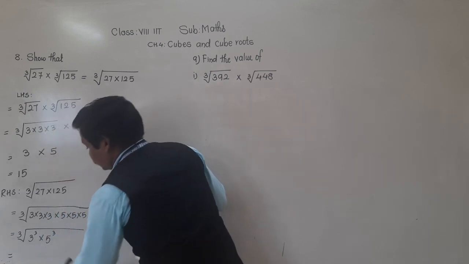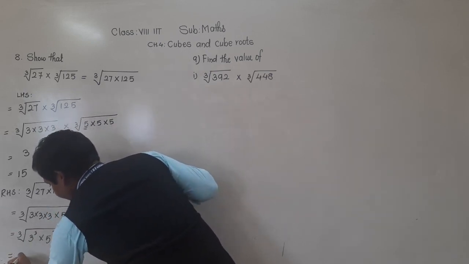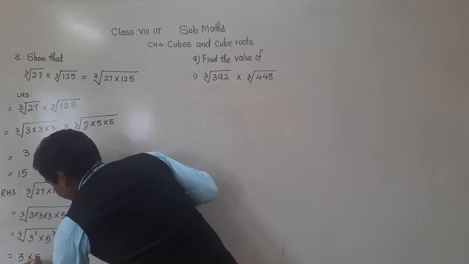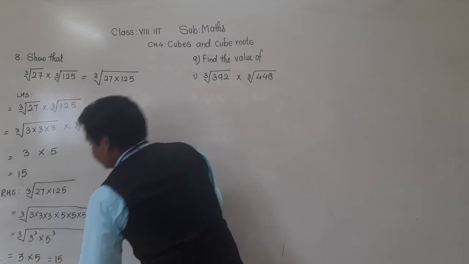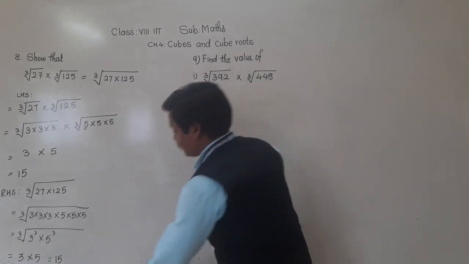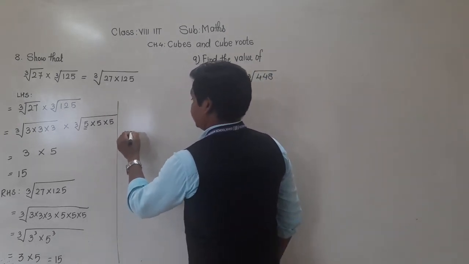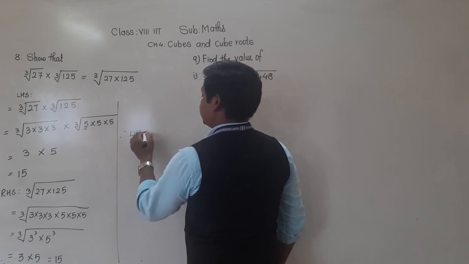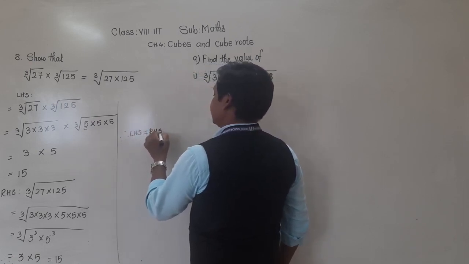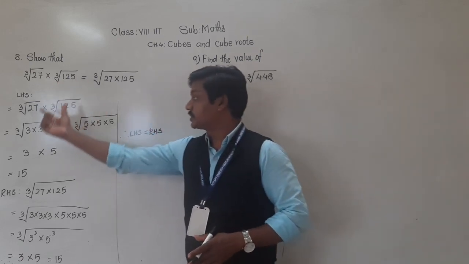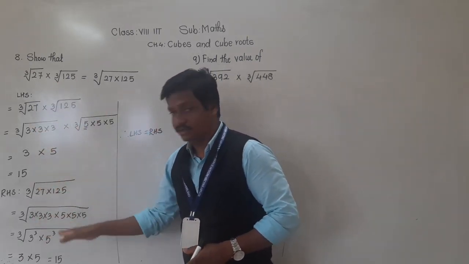Okay. So cube root of 3 cube is 3, into cube root of 5 cube is 5, which is equal to 15. Understood? So LHS is equal to RHS. Hence it is proved. Understood? In this way we have to prove this. Separately first multiply and then here together. That's it.